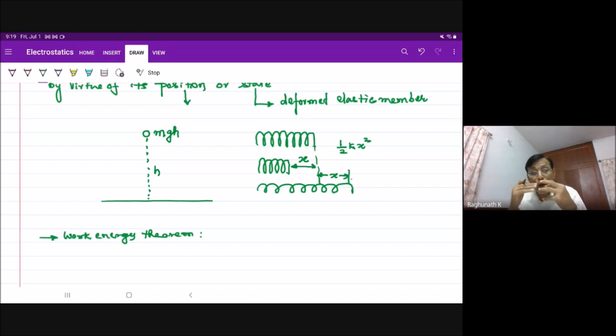If W amount of work is done on an object, that amount of work done will get stored in it in the form of energy.